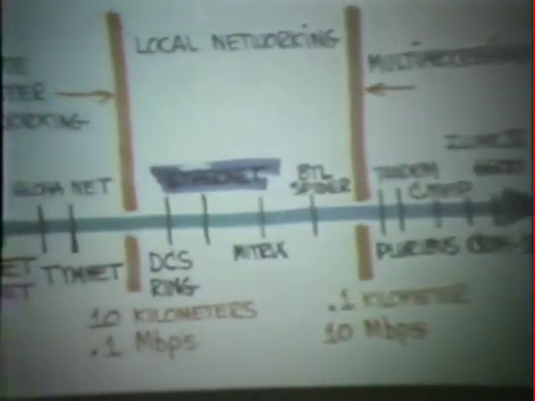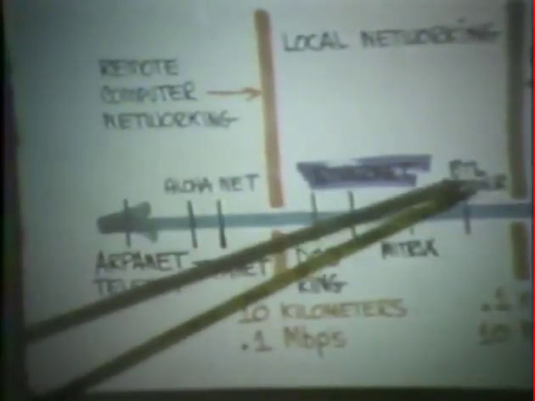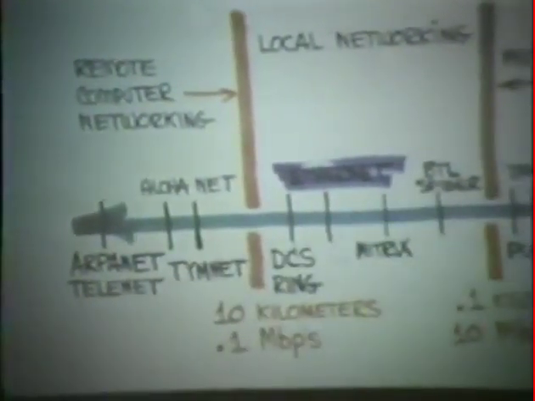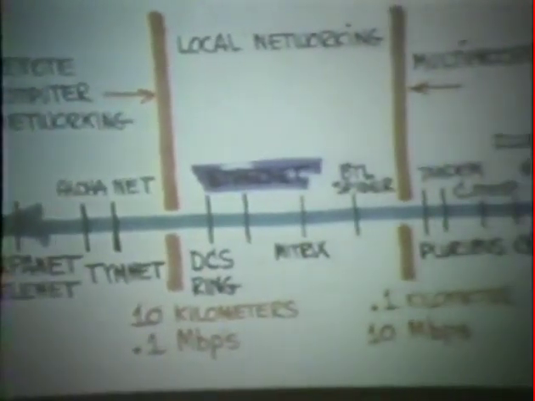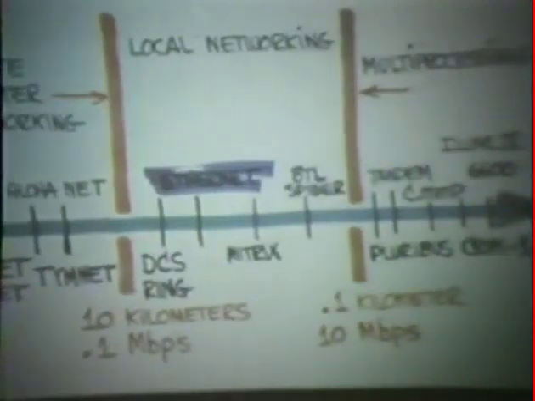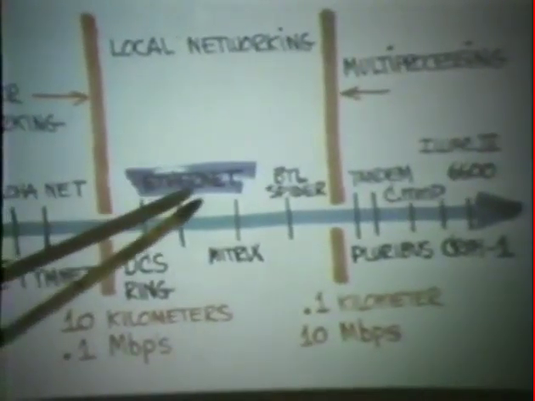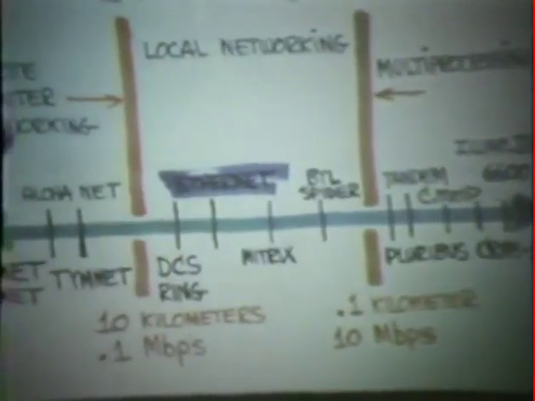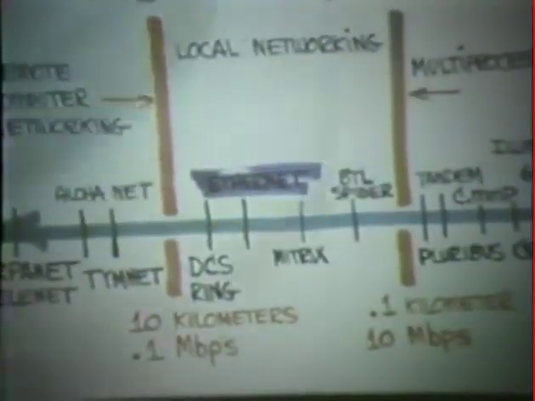At the time that the paper was written in 1976, it seemed that most of the systems on the spectrum had a data rate separation product of about 1 gigabit meter per second, or 1 gigabump as we have termed it. What I'm going to be describing is the Ethernet, which sits between remote computer networks and multiprocessing, and as a result has the motivations and characteristics of both.